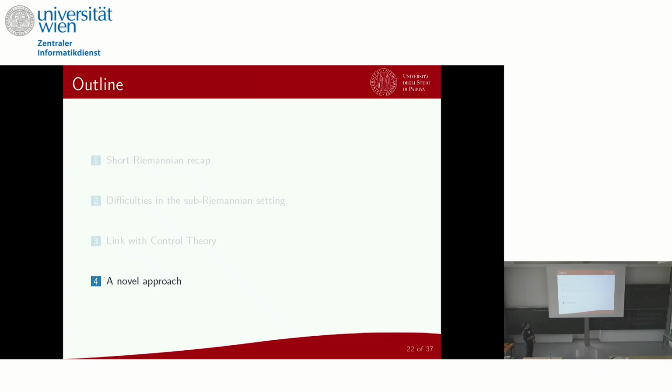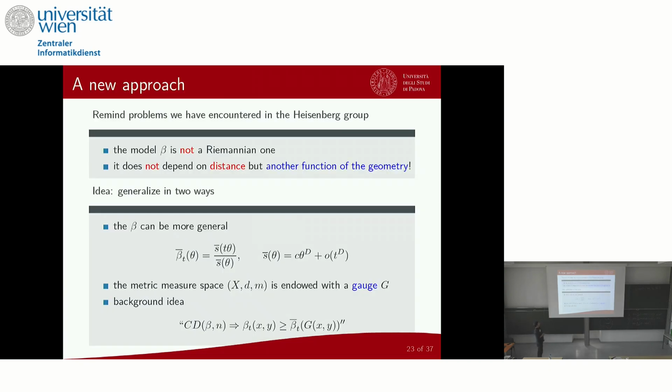Good. So I tried to convince you that in the Heisenberg group, and so also in general in sub-Riemannian geometry, we have encountered two problems. The fact that the model beta is not Riemannian, and it does not depend on the distance when you look in the inequality, but on another function of the geometry, which I called A previously. So we generalize the CD condition in two ways.